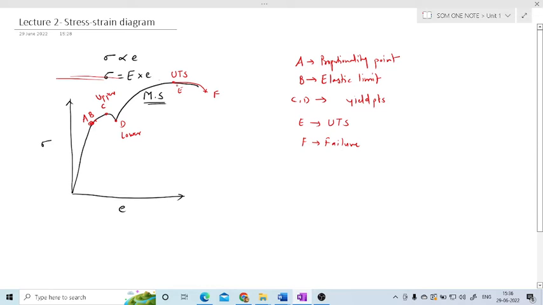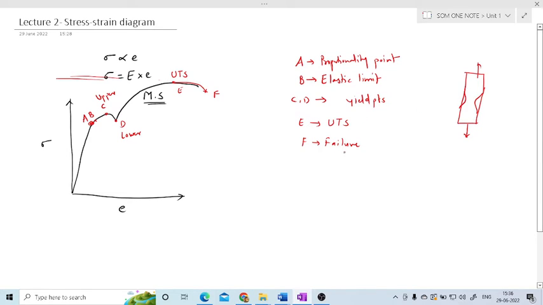Now this graph, if you see, moves downward after ultimate tensile strength, because this test is normally carried out on a universal testing machine. Whatever specimen we use, after the application of force it starts to elongate, and when it reaches the ultimate tensile strain, necking will be generated, meaning the cross section reduces, and the material fails because of its self weight.